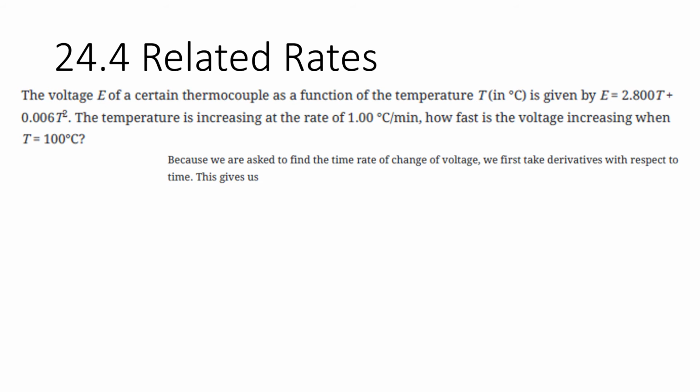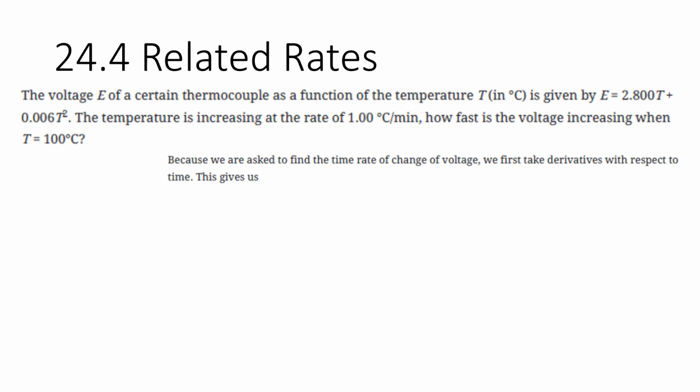So instead of the capital letter V, they use the capital letter E. So the voltage E of some thermocouple is a function of the temperature, and that's measured in Celsius, and it goes with the variable T. And that formula is the voltage, E, equals 2.8 times whatever the temperature is, plus 0.006 times the temperature squared.